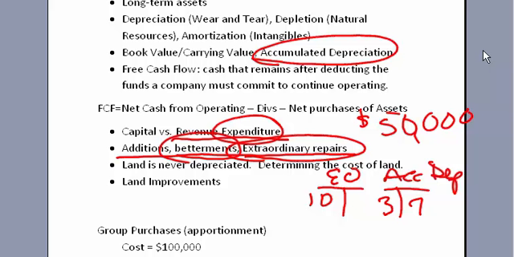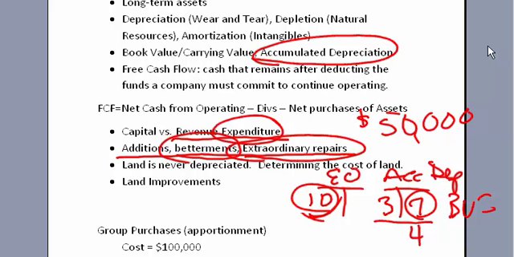Then we would debit accumulated depreciation $3, and credit cash for $3. At this point, our accumulated depreciation has gone from 7 down to 4, so now our book value is 6. Before, 10 minus 7 gave a book value of 3; now 10 minus 4, our book value becomes 6. So this is the concept of an extraordinary repair.